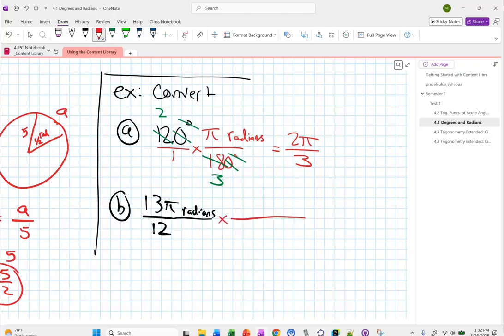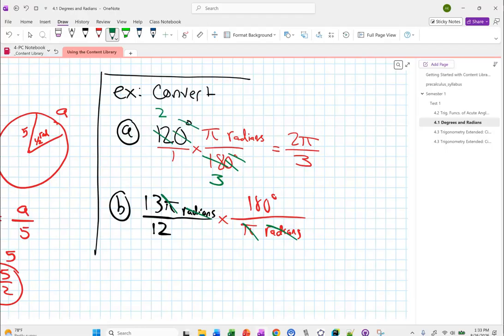So when we do our conversion factor, where does the radian unit have to go? On the bottom. So we'll write pi radians on the bottom, and 180 degrees on top. Radians cancels with radians. Pi cancels the pi. And then we just have to reduce 13 over 12 times 180.